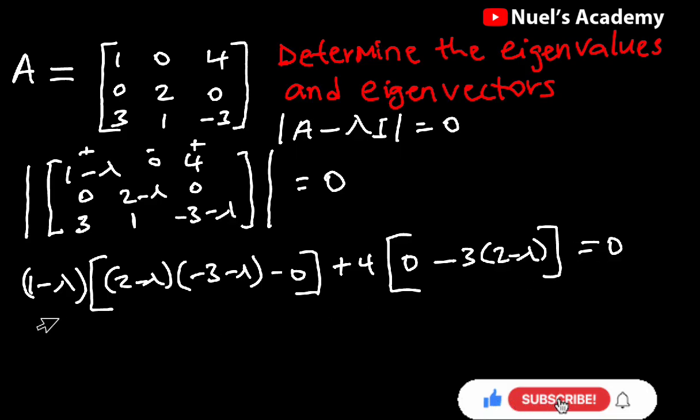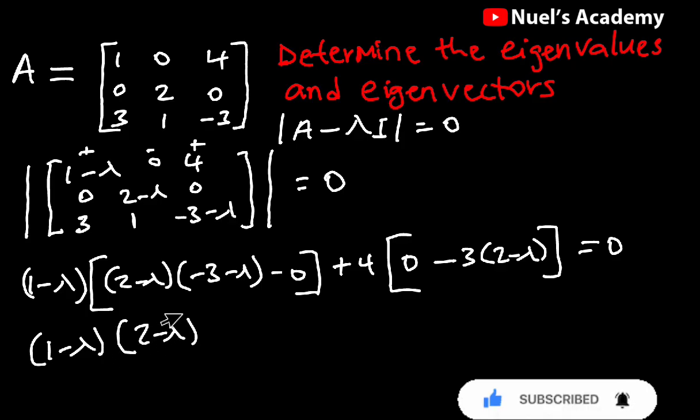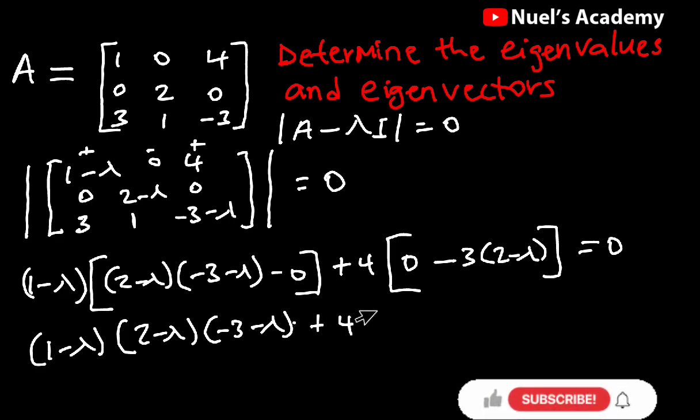So we're going to have 1 minus lambda multiplied by 2 minus lambda multiplied by minus 3 minus lambda, then minus 0. But 2 minus lambda multiplied by minus 3 minus lambda, everything here minus 0 is still the same thing. Alright, so we're going to have plus 4 multiplied by 0 minus 3 multiplied by 2 minus lambda, which is equal to minus 3 multiplied by 2 minus lambda.